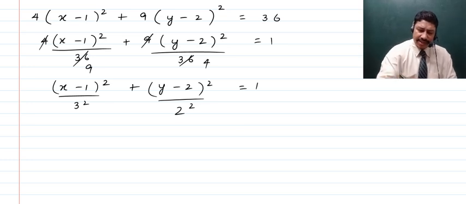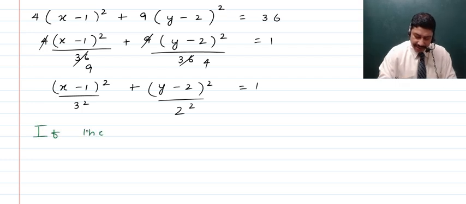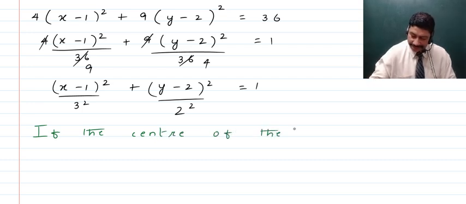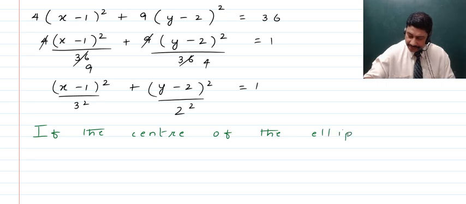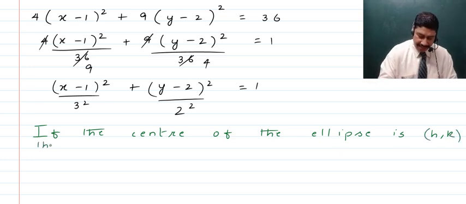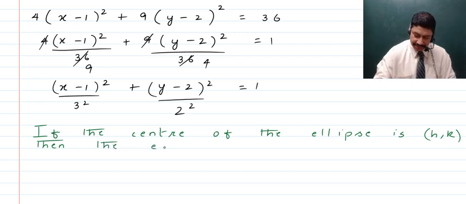But there's one thing more I require to tell you, that if the center of the ellipse is some h comma k, then the equation of the ellipse is something like this.